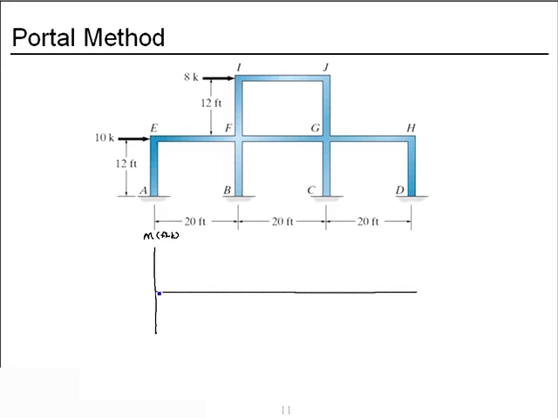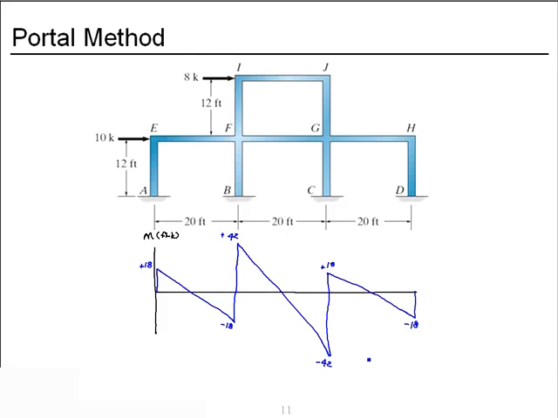We saw that our moment diagram rises to a plus 18, drops to a negative 18 foot-kips, then rises at point F to a positive 42 and drops to point G where it's a negative 42, rises back to a positive 18 and drops to a negative 18 at H.